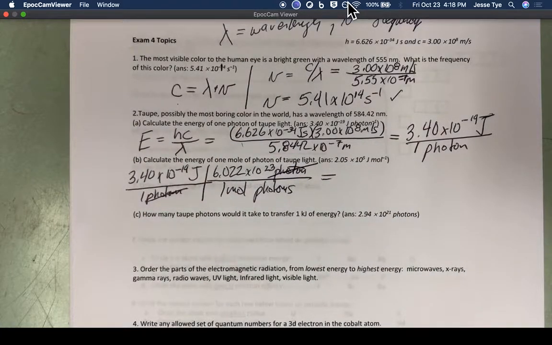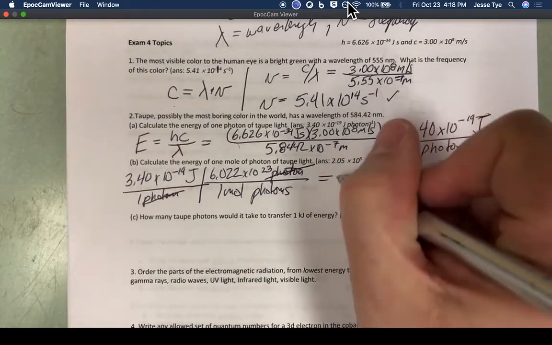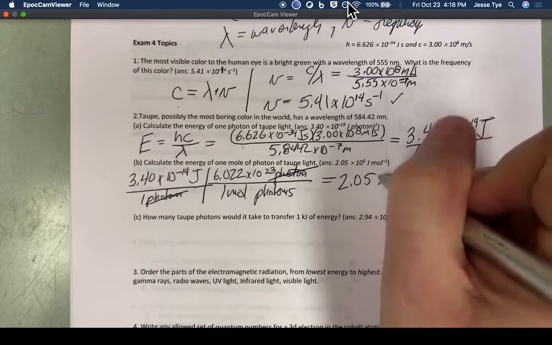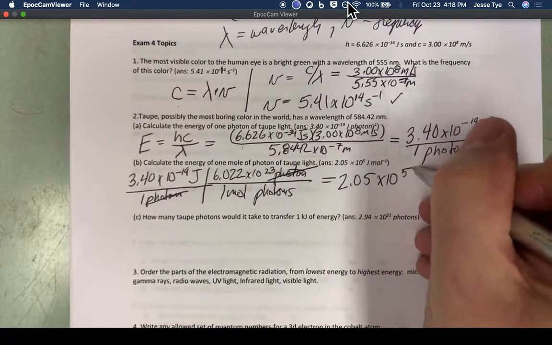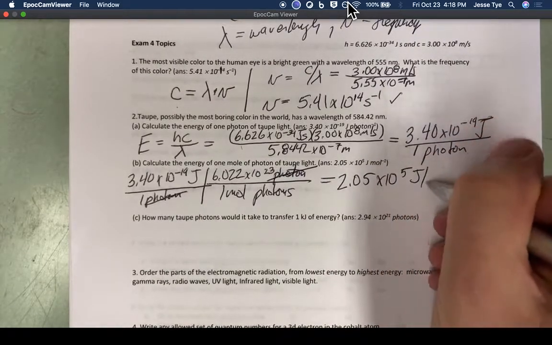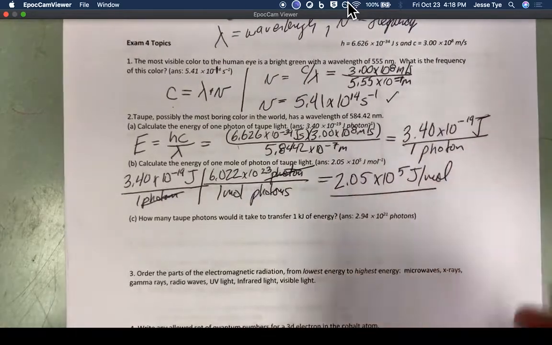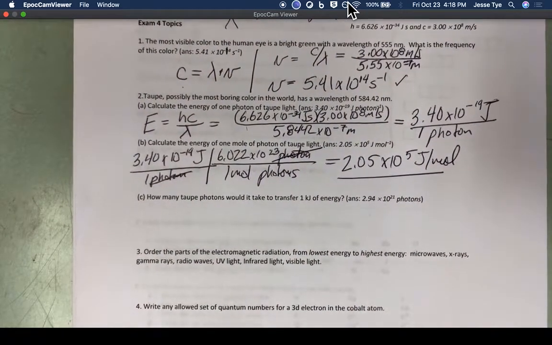So now I'm doing 3.40 times 10 to the minus 19 times 6.022 times 10 to the 23rd. Gives me 2.05 times 10 to the 5th joules per mole. So for every 1 mole, there's 2.05 times 10 to the 5th joules of energy.